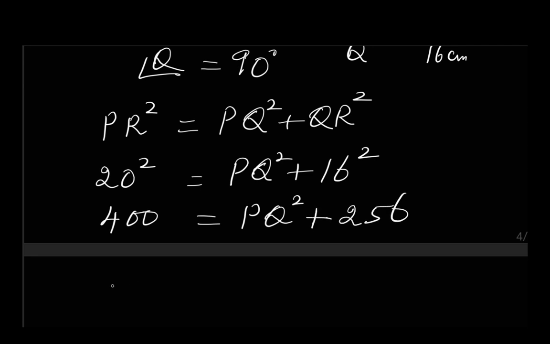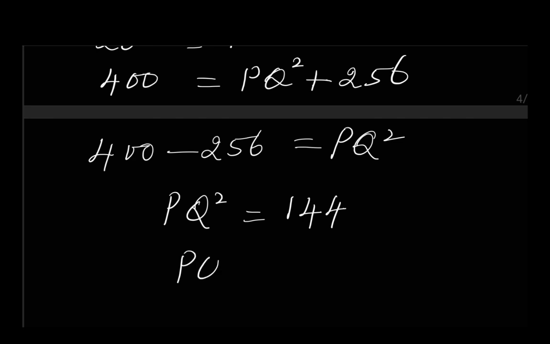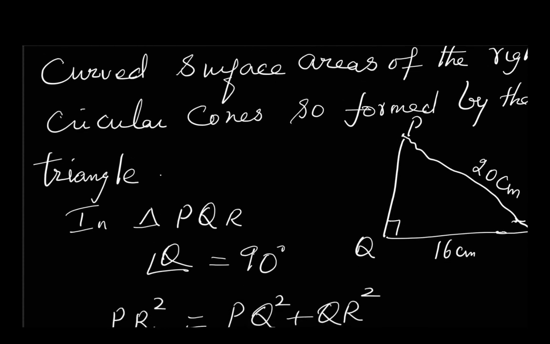Bring this 256 to the left side: 400 minus 256 is equal to PQ squared, so PQ squared is 144. PQ is the square root of 144, that is 12 centimeter. So we have got the other side also, PQ is 12 centimeter.